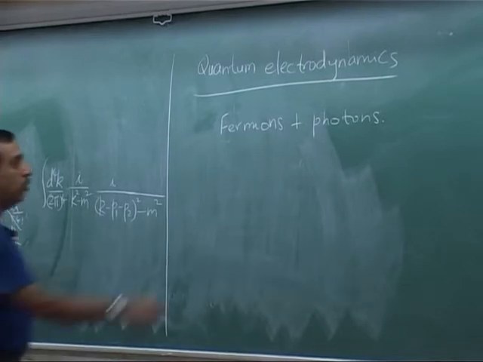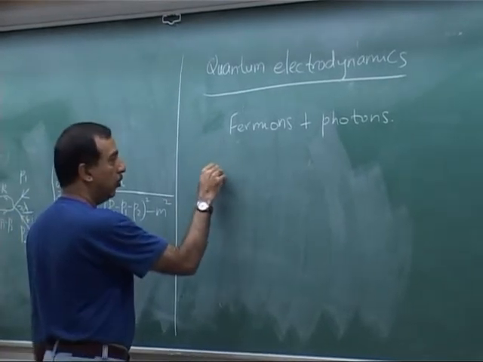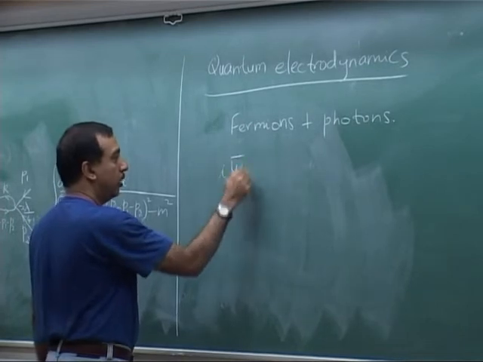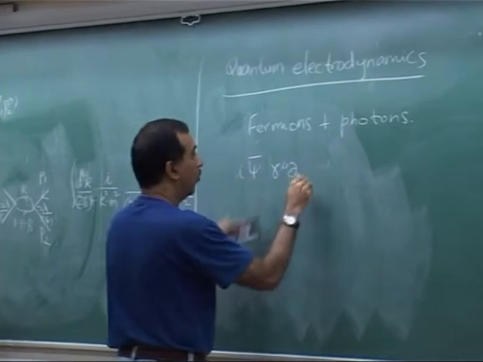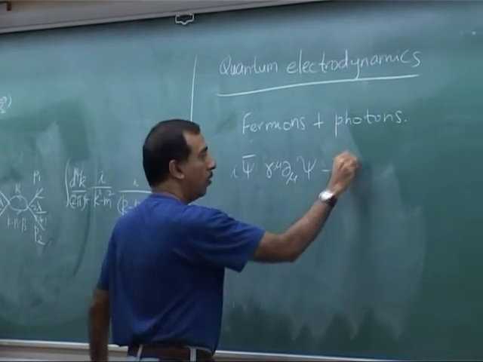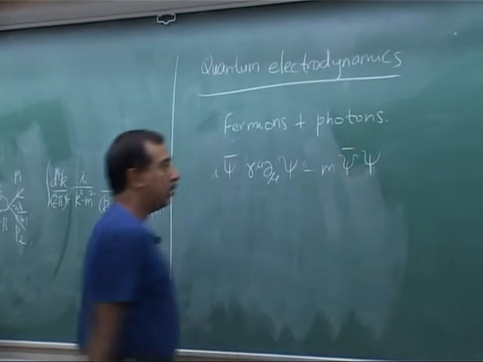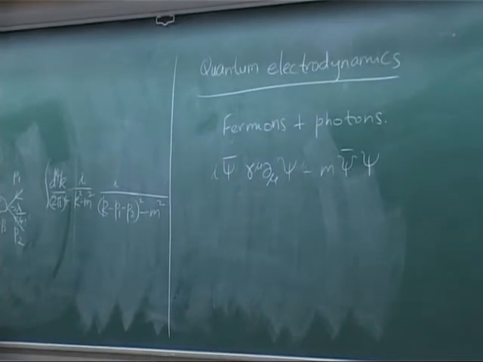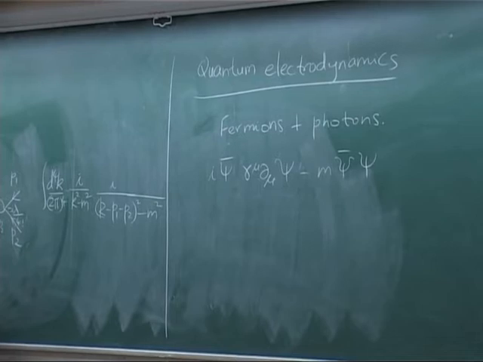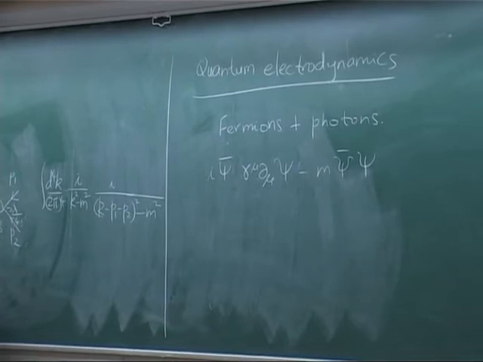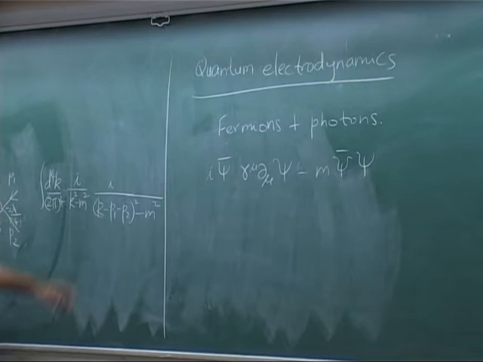Okay, so here what's the theory? Well, we start with this. We notice that this has a phase invariance under psi going to e to the i alpha psi. We try to promote that to a local gauge invariance. We've done all this for the scalar case.